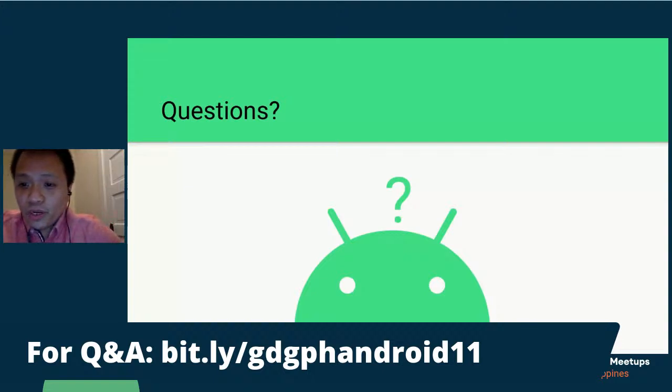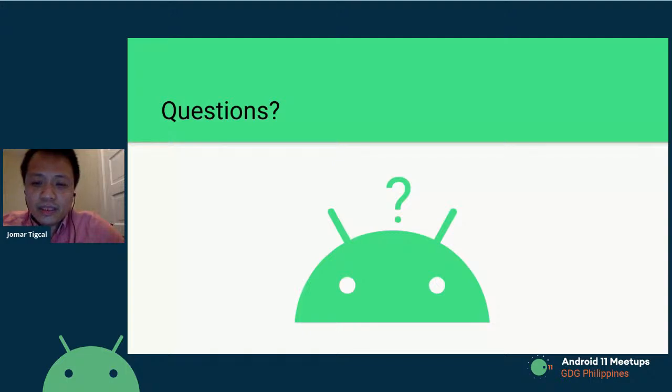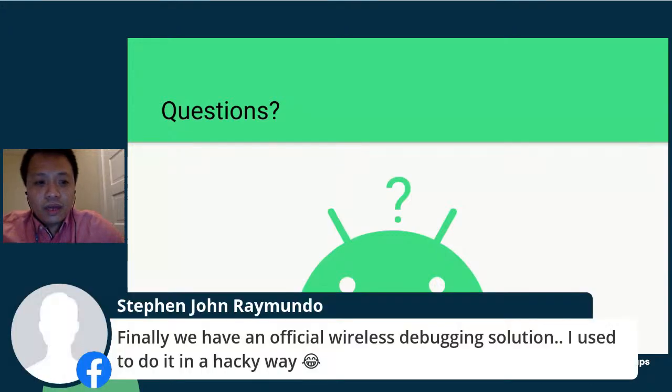Does wireless debugging work on earlier versions of Android, or is it exclusive to Android 11? Actually, I haven't really tried it on a lower device because I have already switched to the Android 11 beta. But from the looks of it, it's Android 11 exclusive, because that setting is going to be in the developer options, but I don't know if it's going to be available on the old versions.